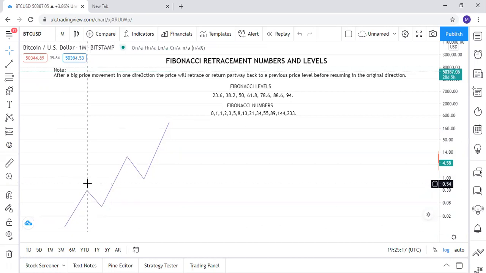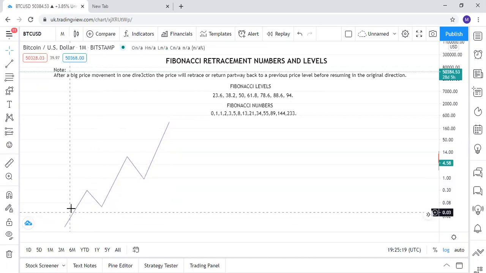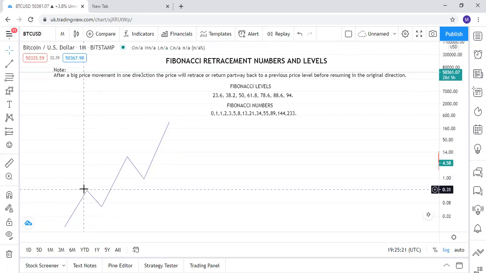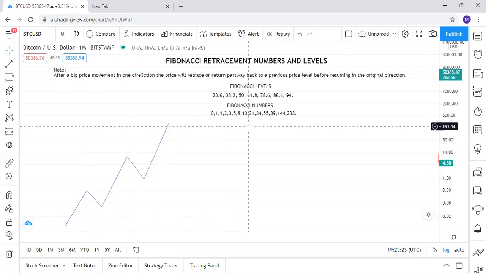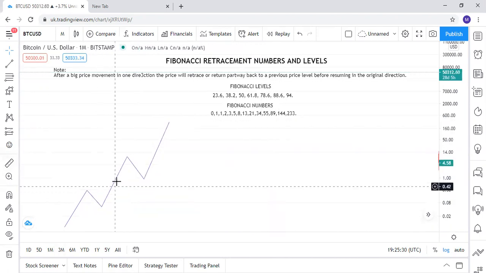In a downtrend, we take it from the high swing to the low swing to get our retracement level.